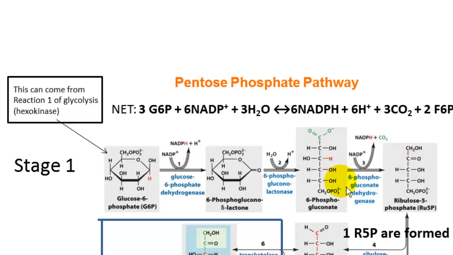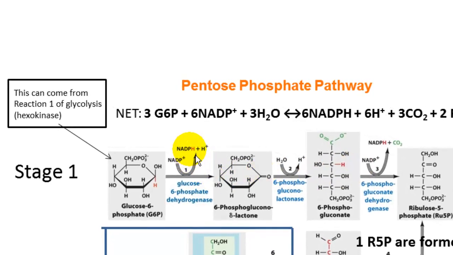So notice here, we actually have the generation of NADPH at this step, the first step, the rate committing step, and then the third step. By the way, this is a decarboxylation reaction as well, the dehydrogenase. So we generate reducing equivalents in the third step and the first step.